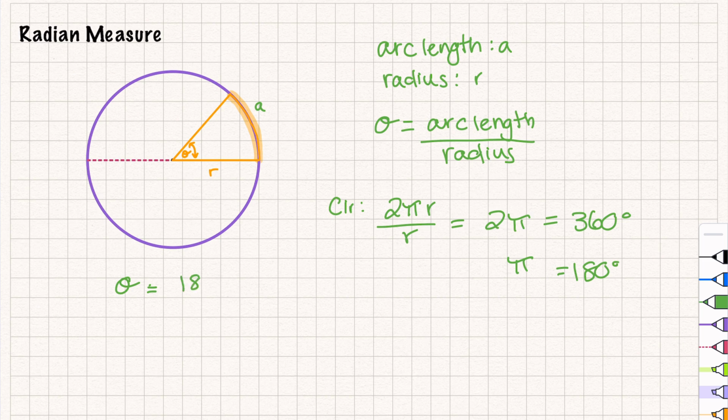So 180 divided by 3.14 gives us 57.3 degrees. So 1 radian is about 57.3 degrees.